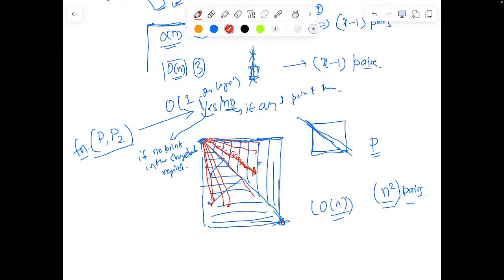So when I am here, what I can do is, this point is here, and then there is this point which is outside this boundary scope, correct?